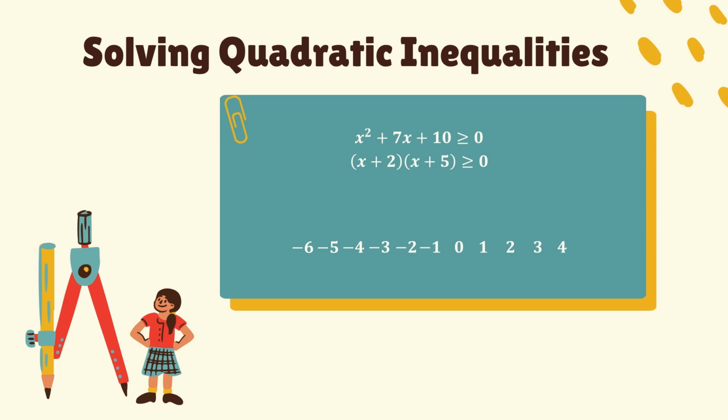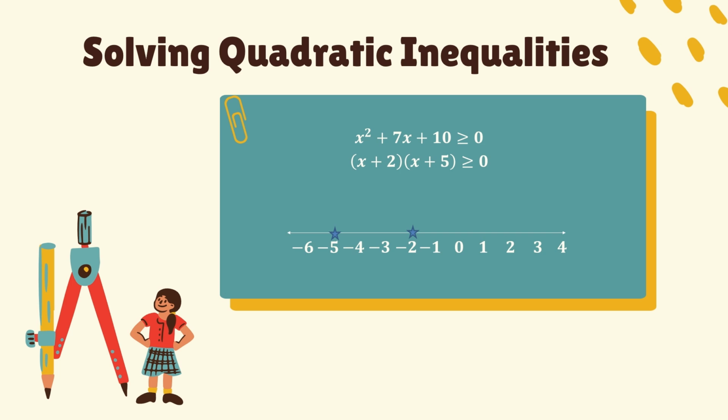From this inequality we know that the solution is related to either negative 2 or negative 5. So we draw a number line like this and we put a dot at negative 5 and negative 2. That means either of these two is a boundary of the solution.